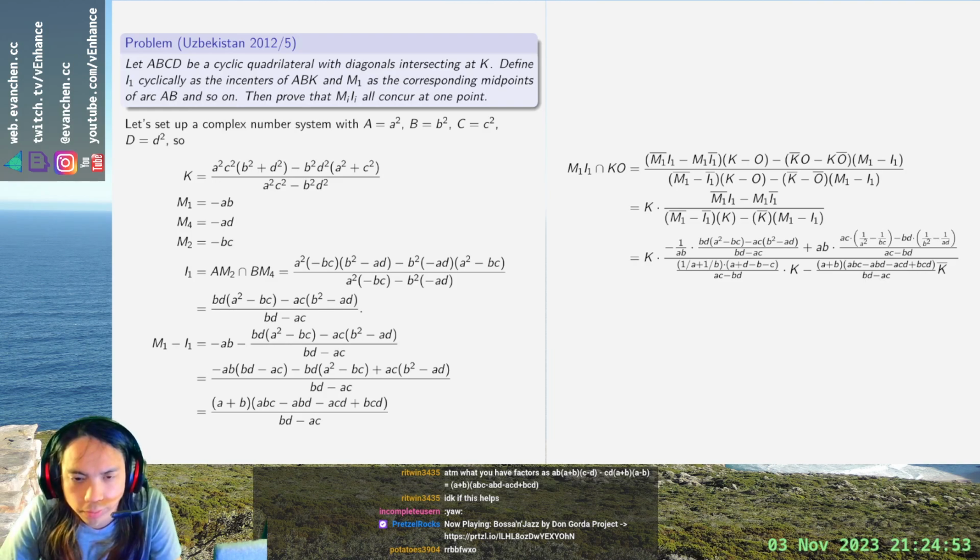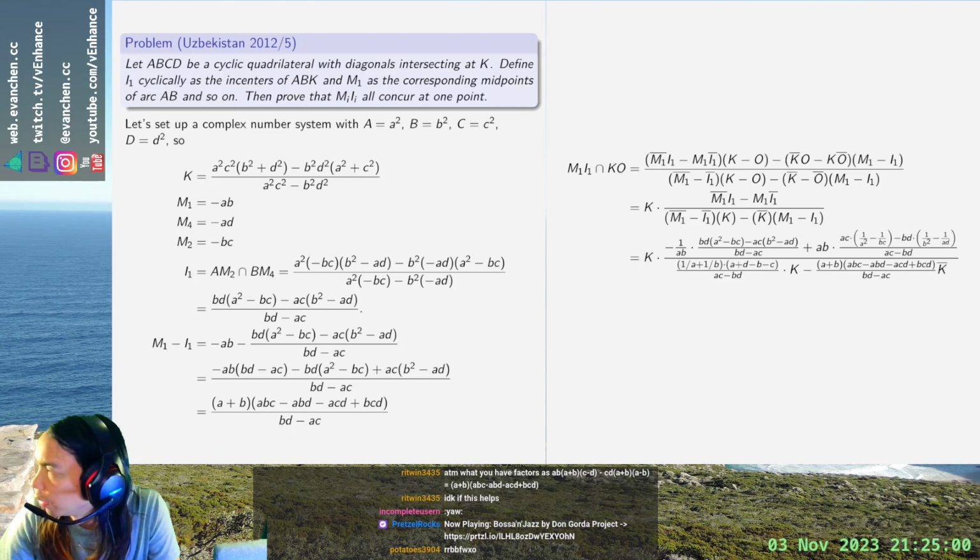Okay, and then so I'm going to cancel an AC minus BD and move this in here, and then plus AB times this thing, and this is like 1.